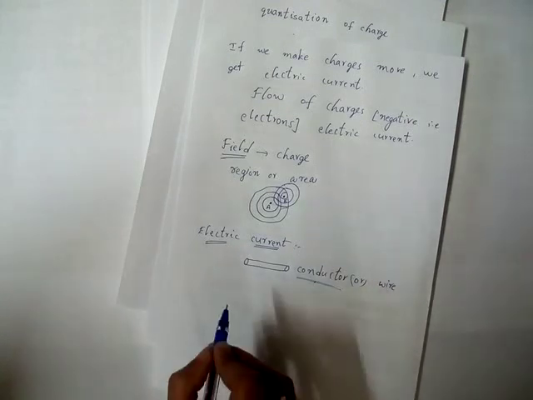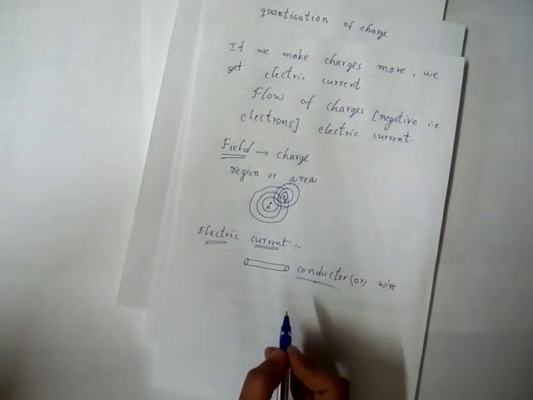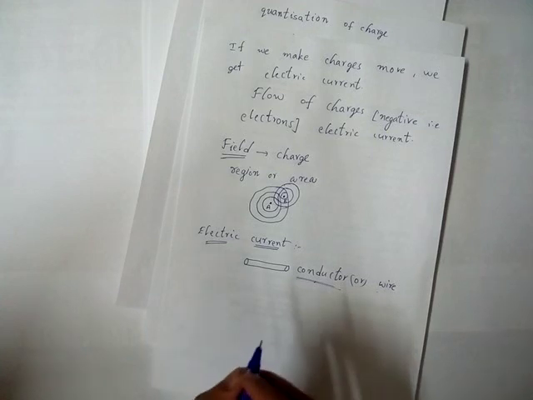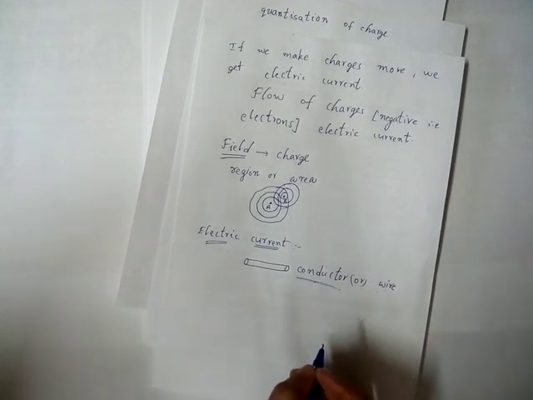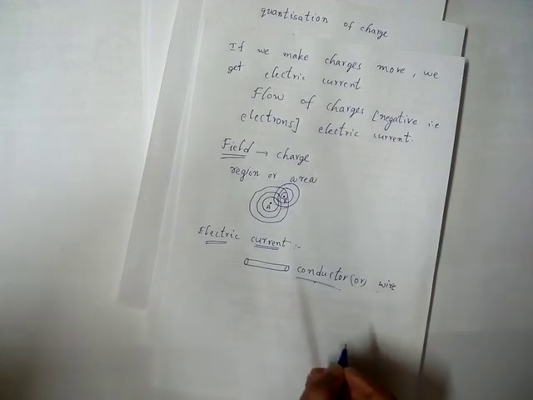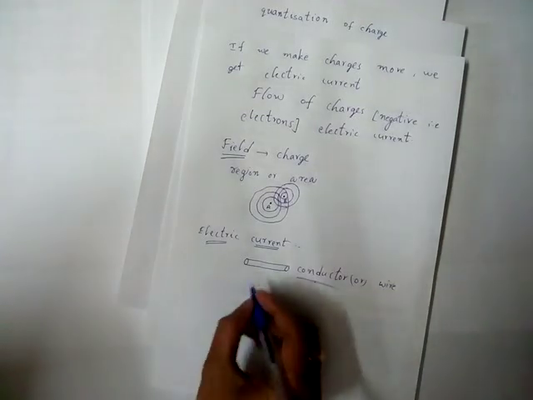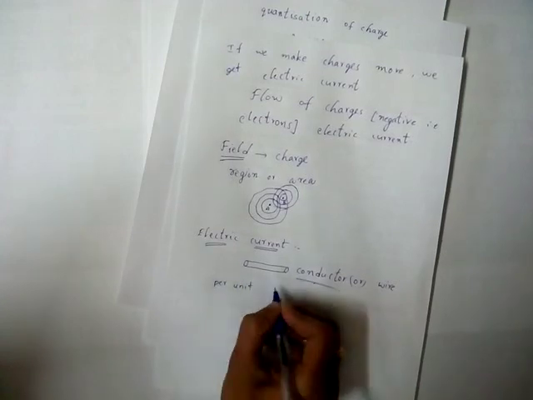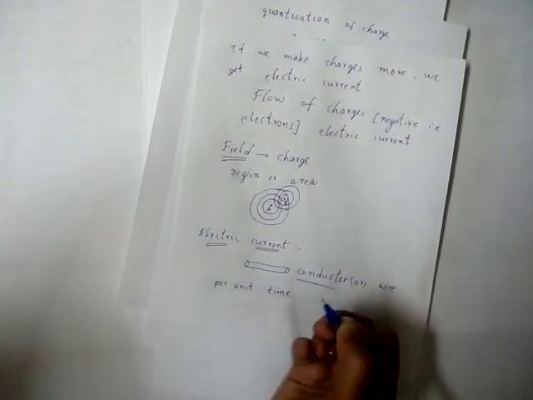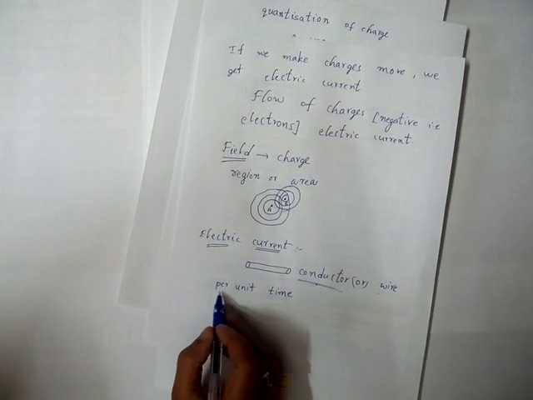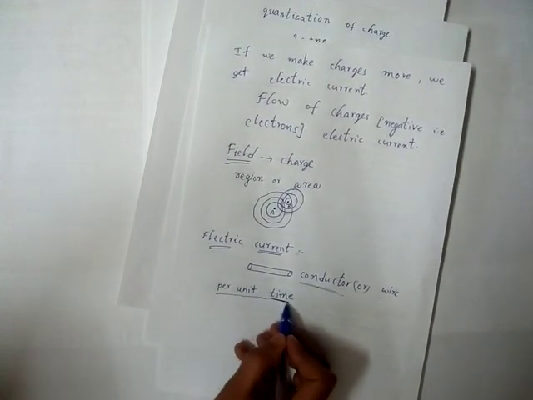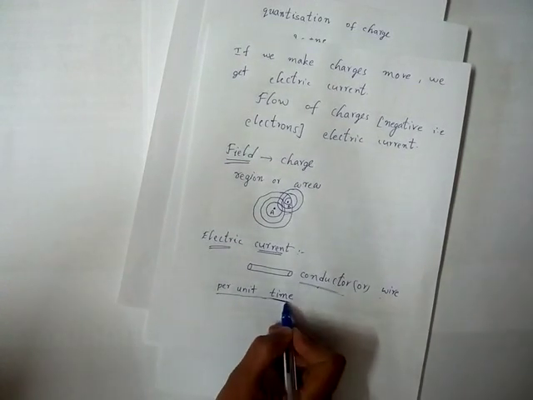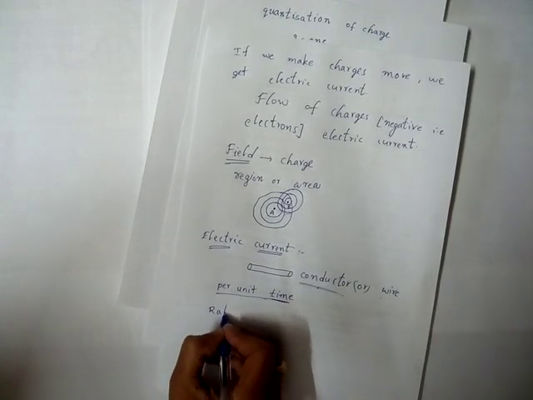Now electric current means the flow of charges in any unit cross section area of conductor per unit time. Per unit time. In my previous videos I have told you, whenever you are dividing any physical quantity with time, you can write it as rate.